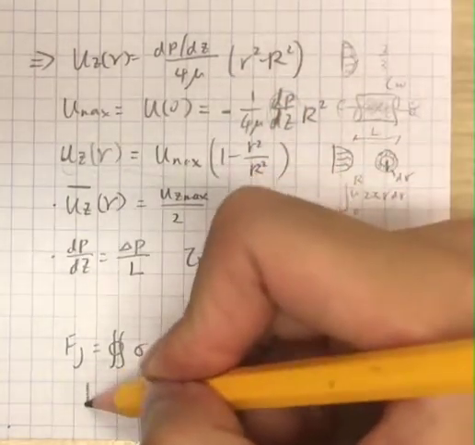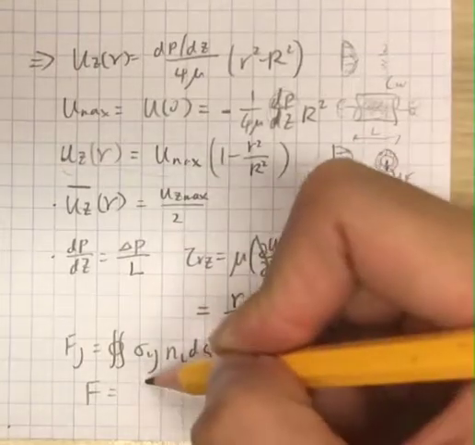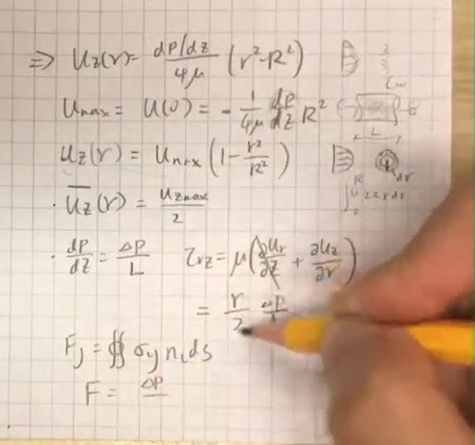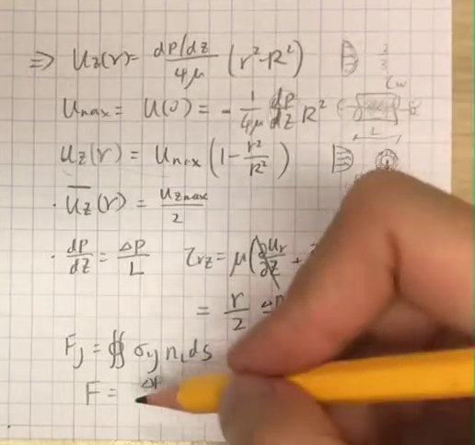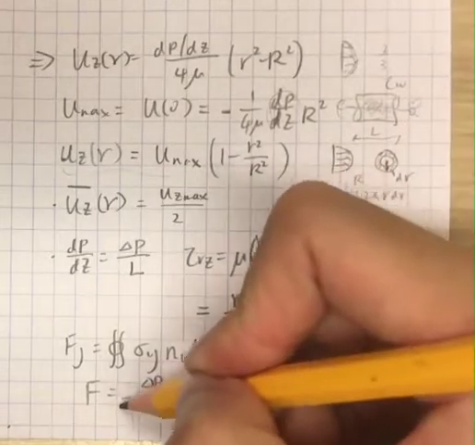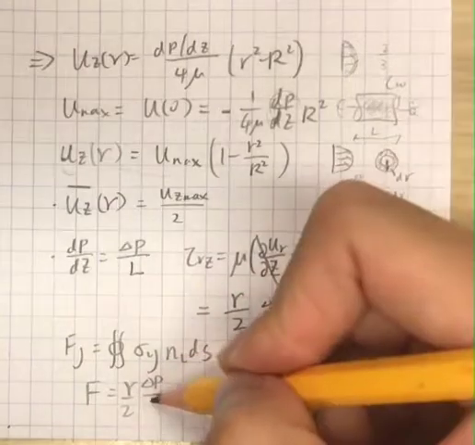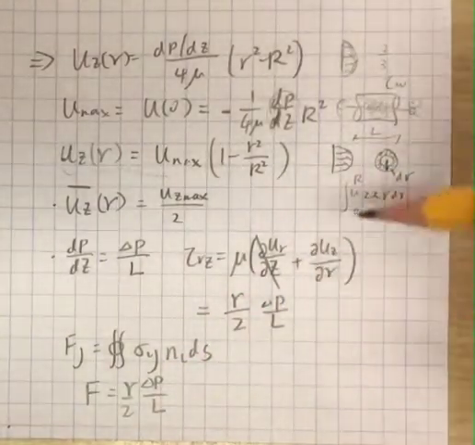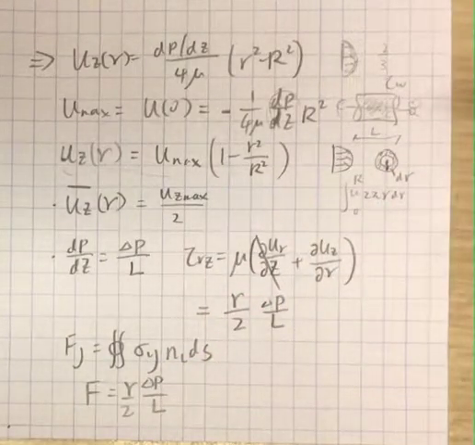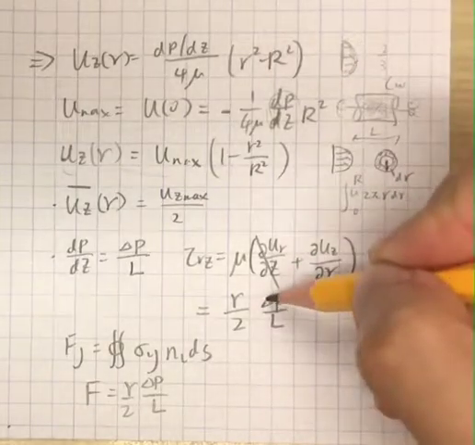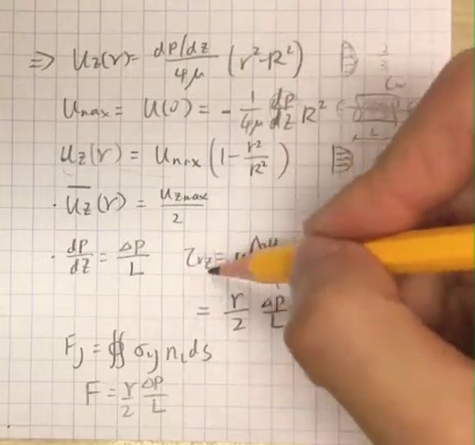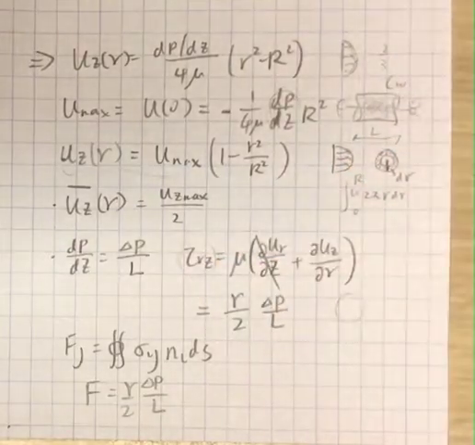So if we calculate the net force, first we have delta P over L, I mean this thing, right? And we should do what? First, we need to calculate the force acting on a ring, right?